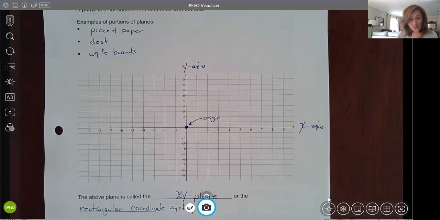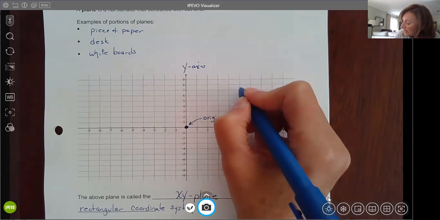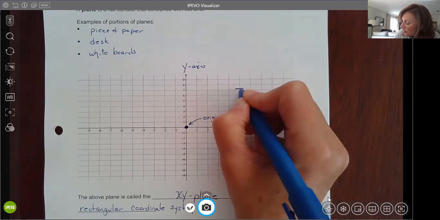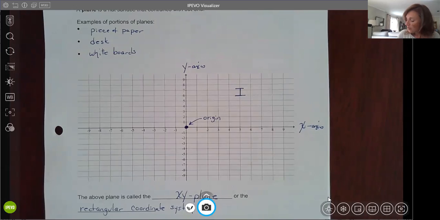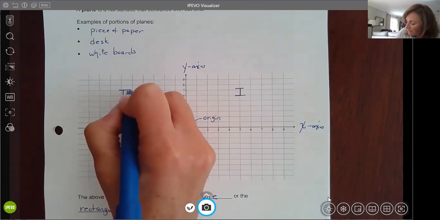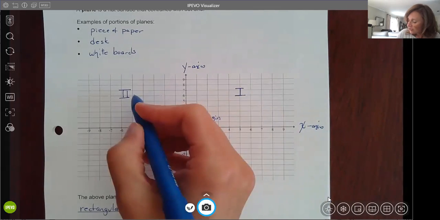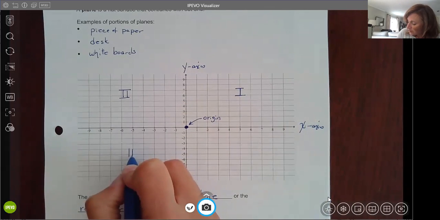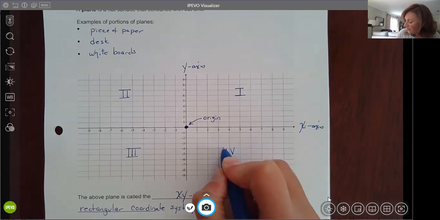So the quadrants, the 4 parts that this plane's been divided up into, typically are denoted with Roman numerals. So this quadrant in the upper right-hand corner is called quadrant 1. And then it goes counterclockwise. So 1, 2, this is quadrant 3, and this is quadrant 4.